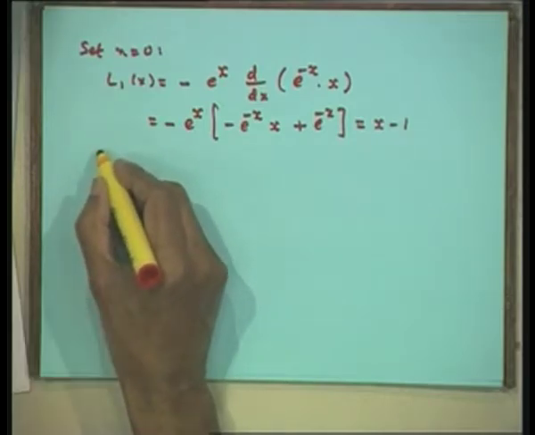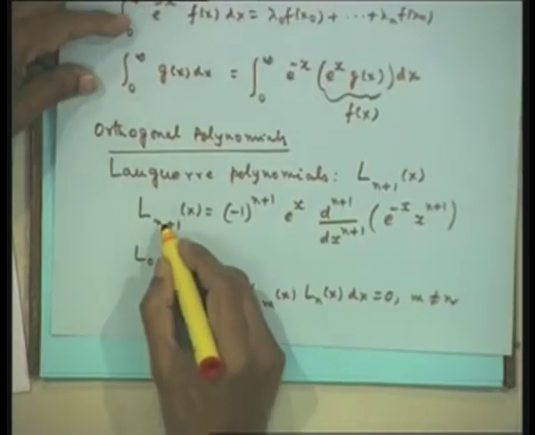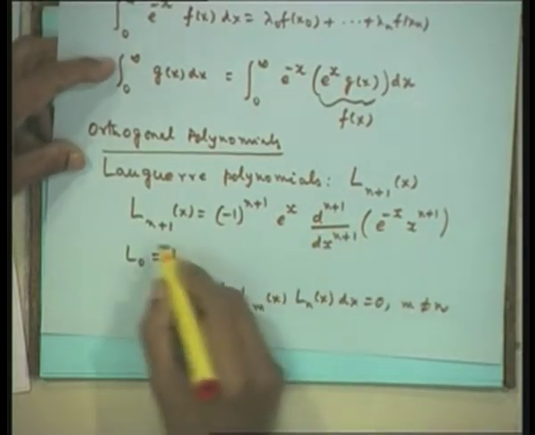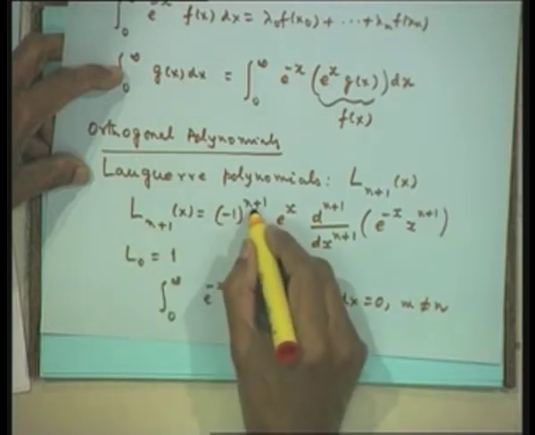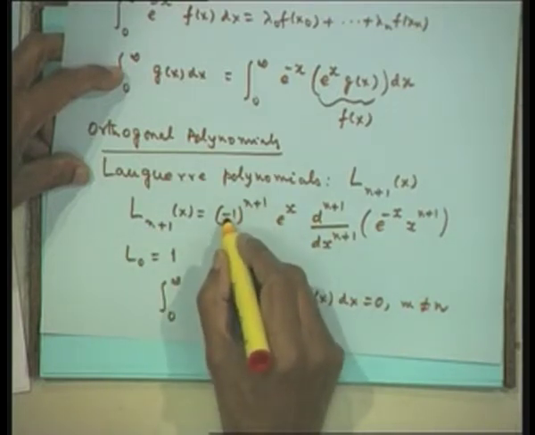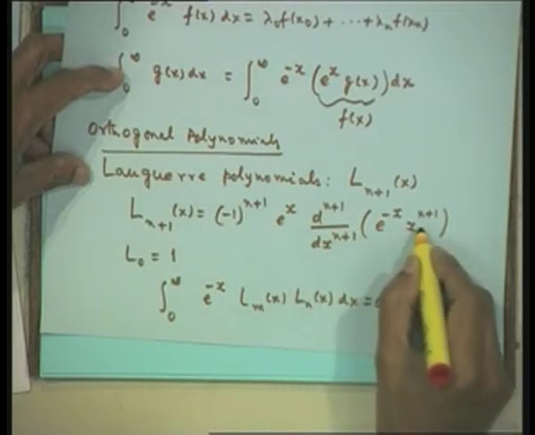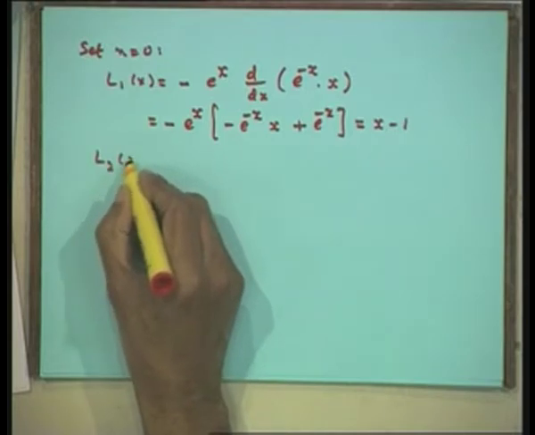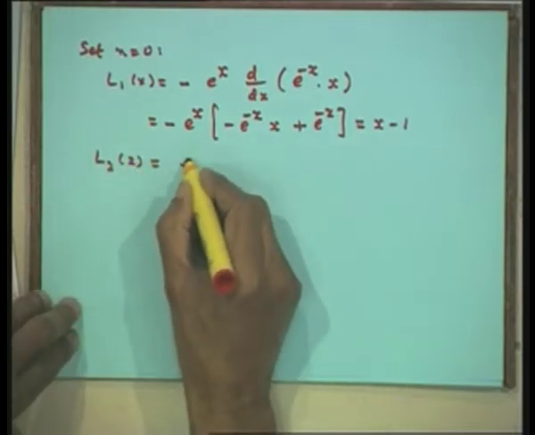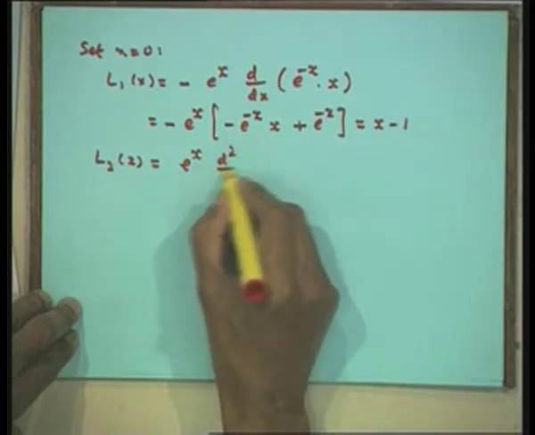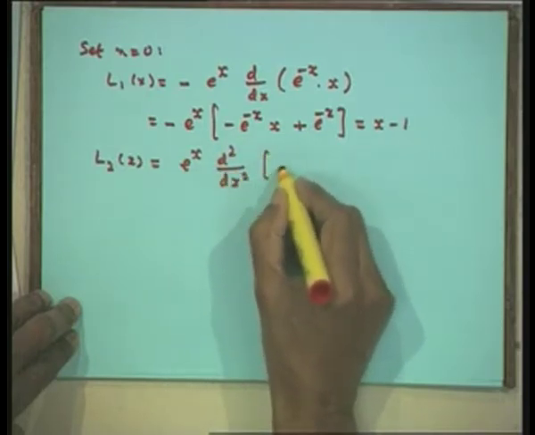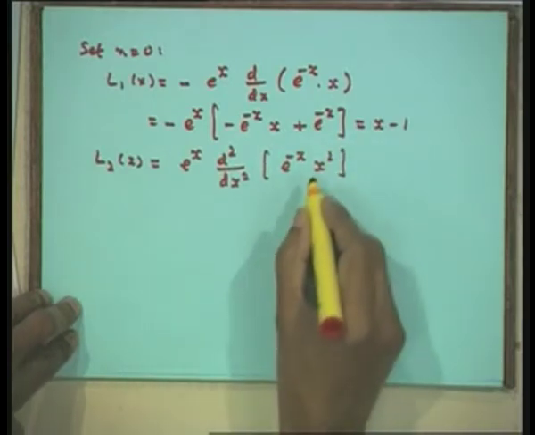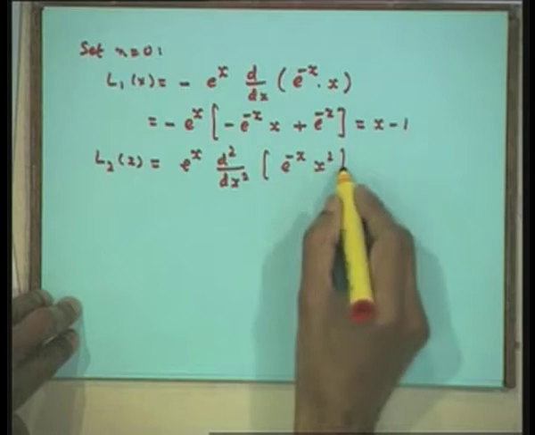Now, set n equal to 1 in this equation to get the Laguerre polynomial L2 of x. When I set n equal to 1, I get minus 1 whole squared, which is a positive sign. This is the second derivative, and I will have x squared here. Therefore, L2 of x will be equal to exponential of x, d squared upon dx squared of e to the power of minus x into x squared. Now, again I will differentiate it as a product.